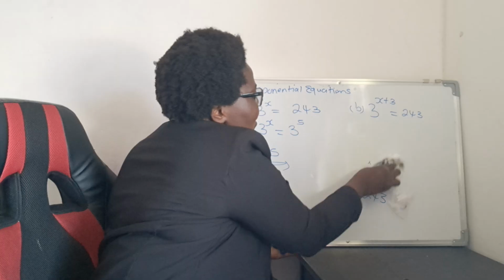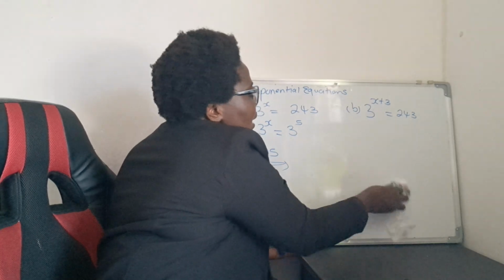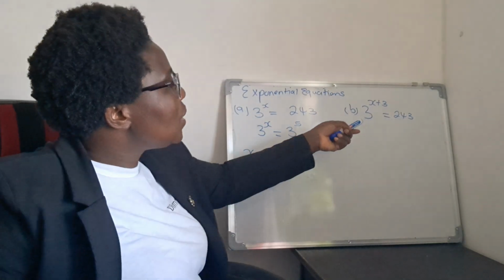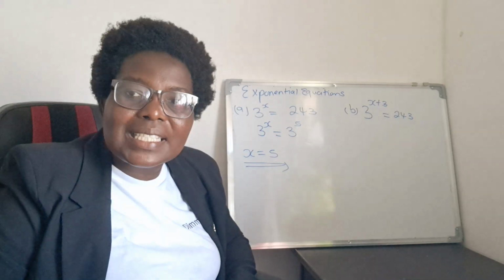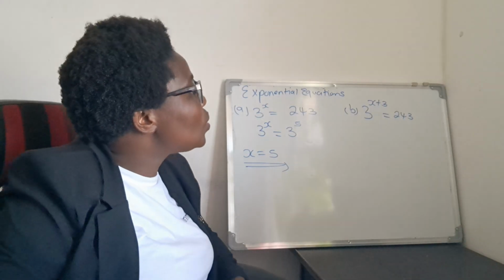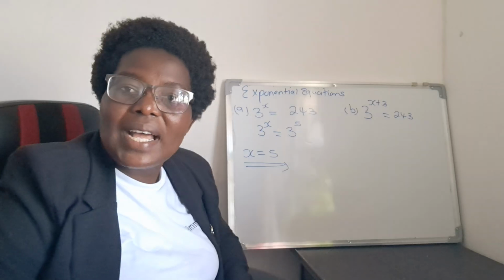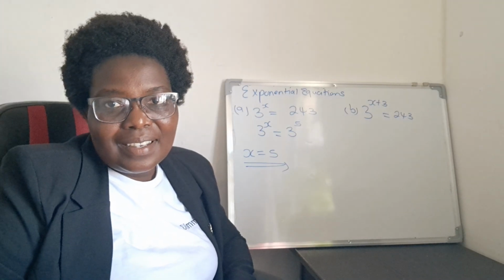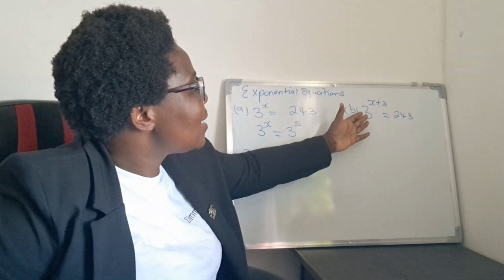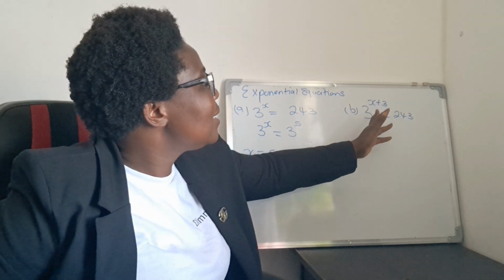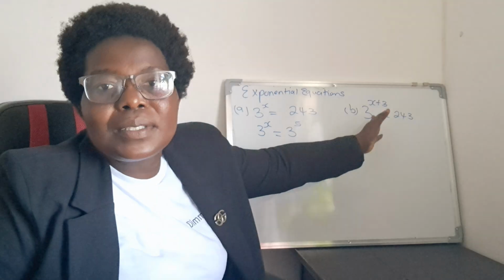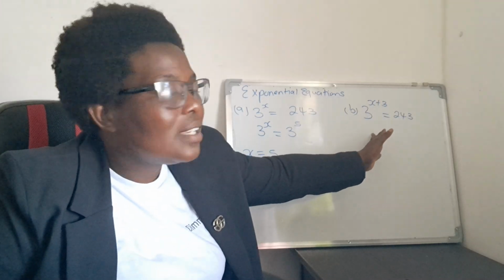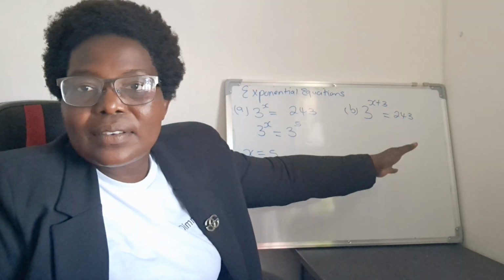Okay, so let's take the same principle that we learned here. We have 3 to the power x plus 3 is equal to 243. From this equation, we can see that this was probably 3 to the power x times 3 to the power of 3, equal to 243.